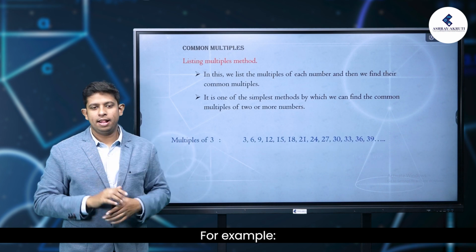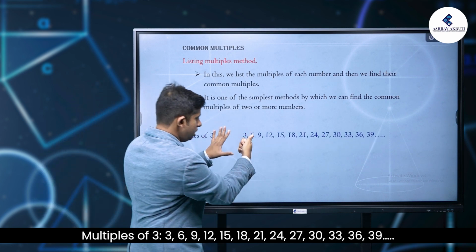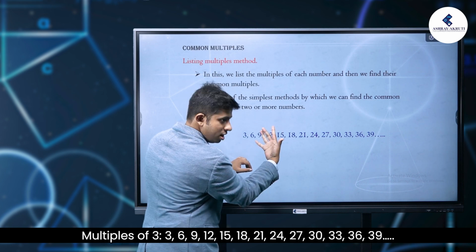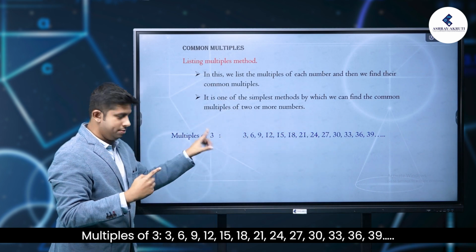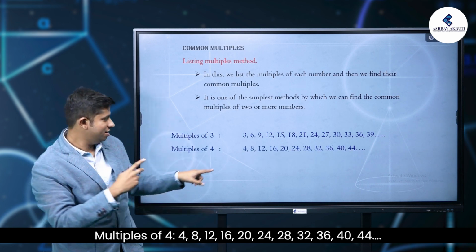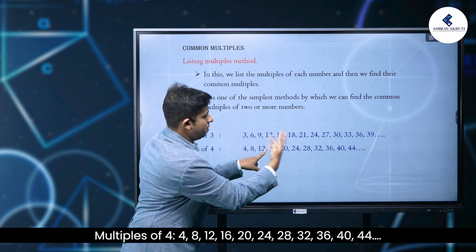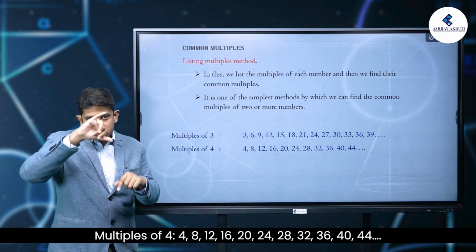For example, multiples of 3 are 3, 6, 9, 12, 15, 18, 21, 24, 27, 30, 33, 36 and 39. Multiples of 4 are 4, 8, 12, 16, 20, 24, 28, 32, 36, 40 and 44.